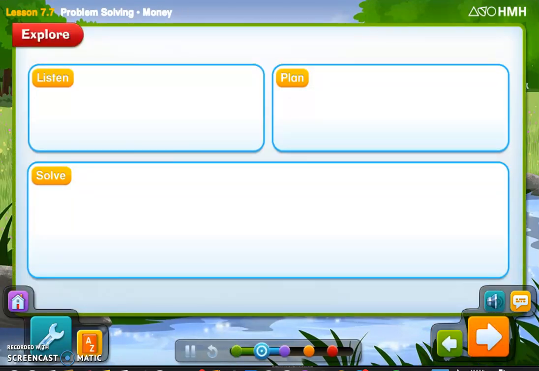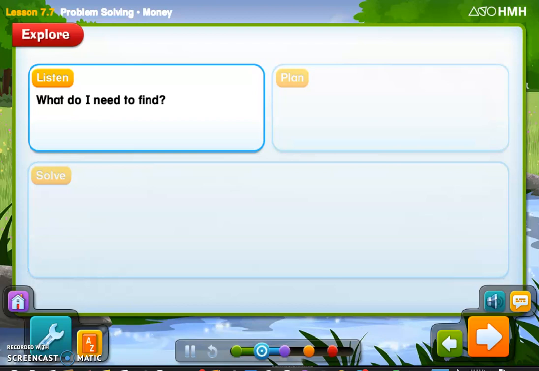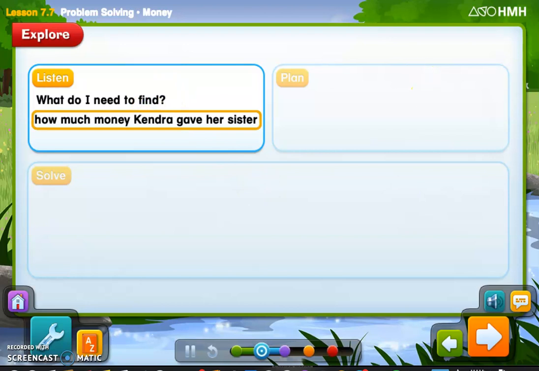Let's use the graphic organizer to solve this problem. Kendra gave 3 dimes, 1 nickel, 2 quarters, and 2 $1 bills to her sister. How much money did Kendra give her sister? What do you need to find? You need to find how much money Kendra gave her sister.